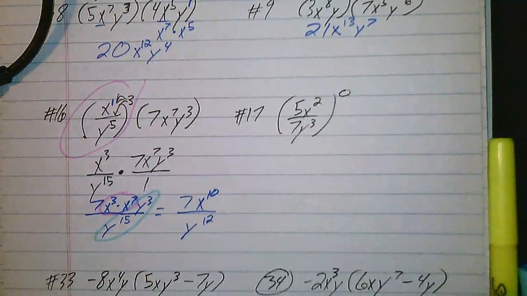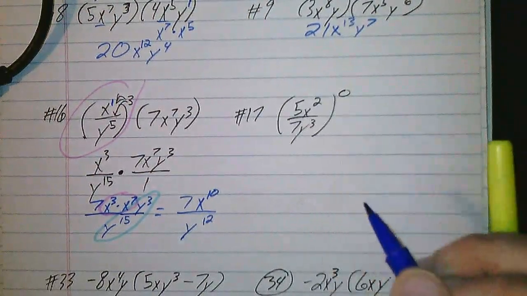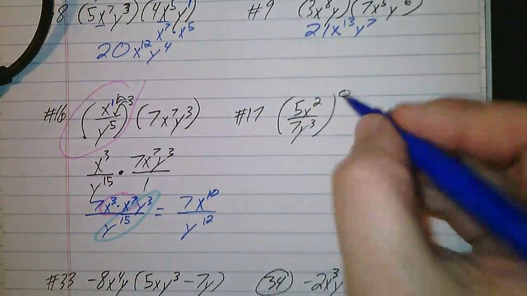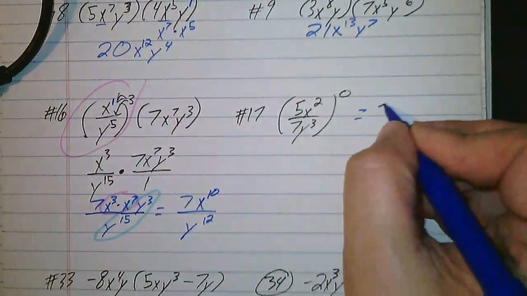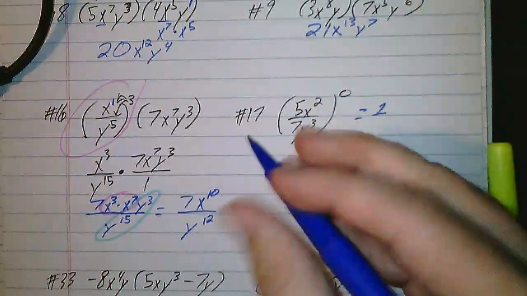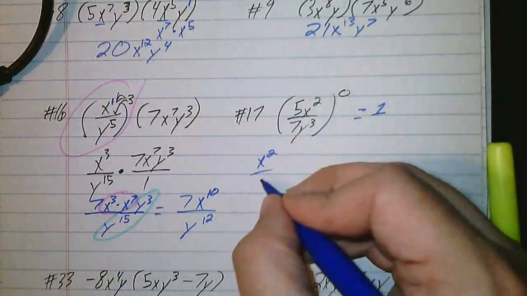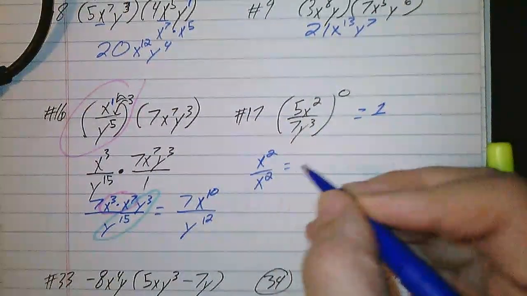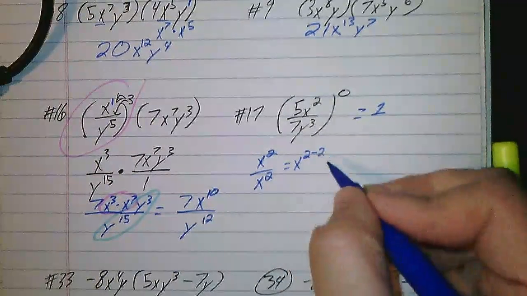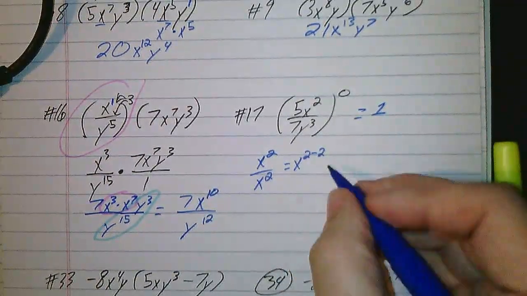For number 17, remember the zero power rule. Anything to the power of 0 is just 1. And we can explore that as x squared divided by x squared. When we divide, we subtract the exponents. 2 minus 2 is 0.